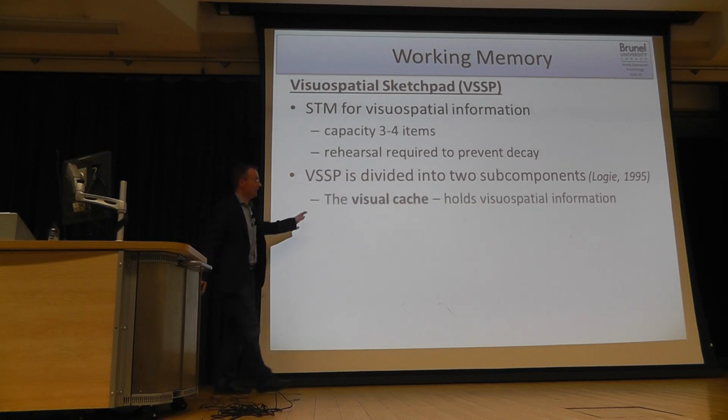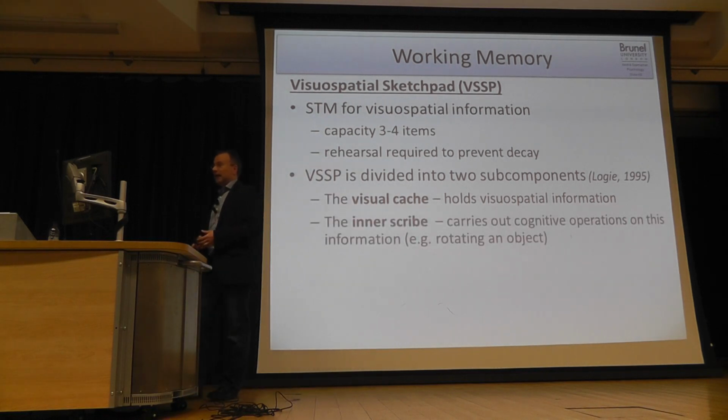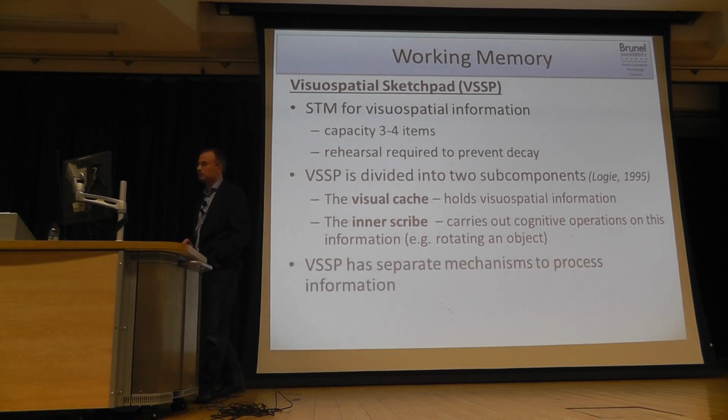One is the visual cache, which just holds visual spatial information online. The other one is called the inner scribe, which carries out some operations on this content. For instance, if you mentally want to rotate an object in your mind, then it's assumed that this is done by the inner scribe, while the visual cache is just the maintenance of that. So the visual spatial sketchpad has separate mechanisms to process the information.